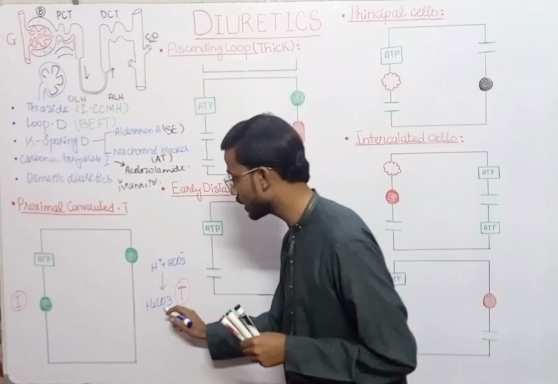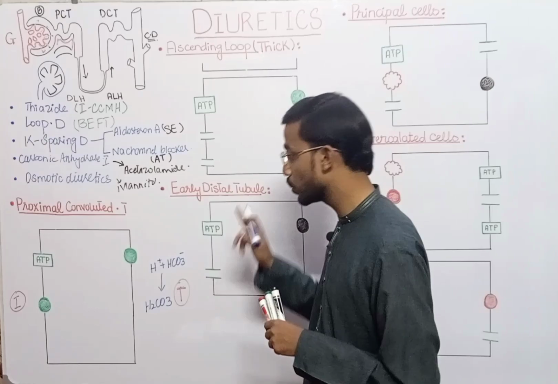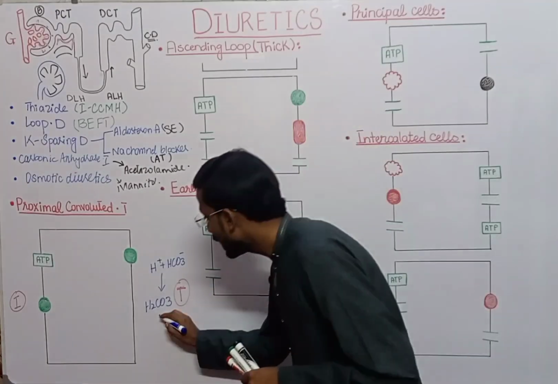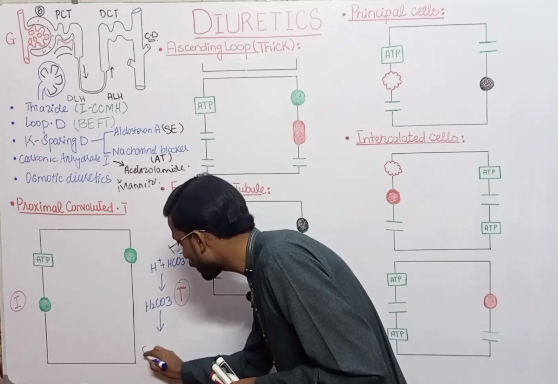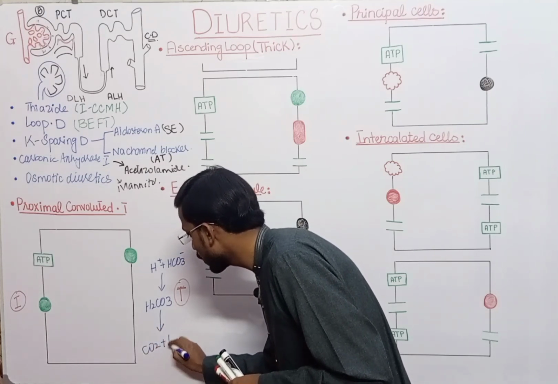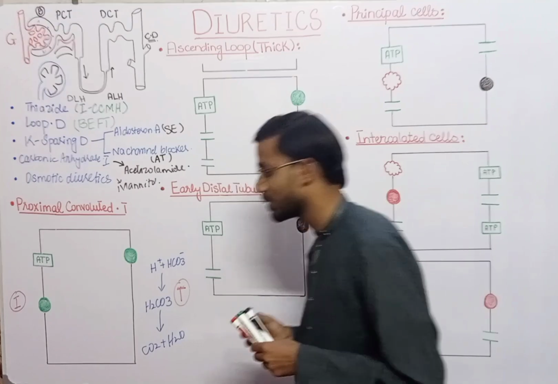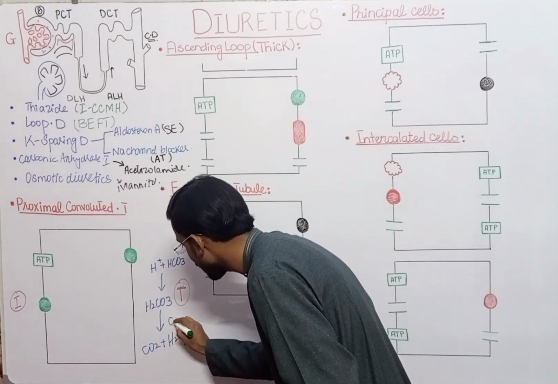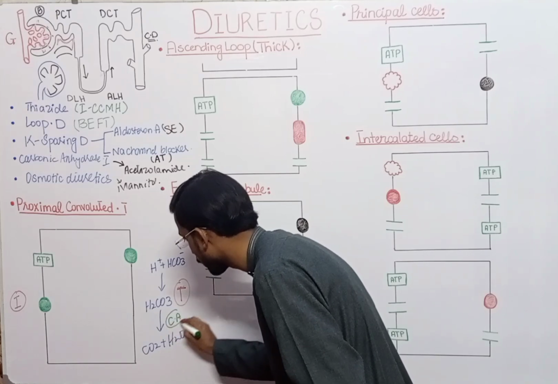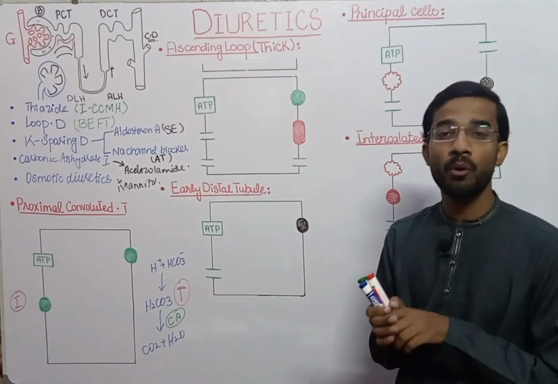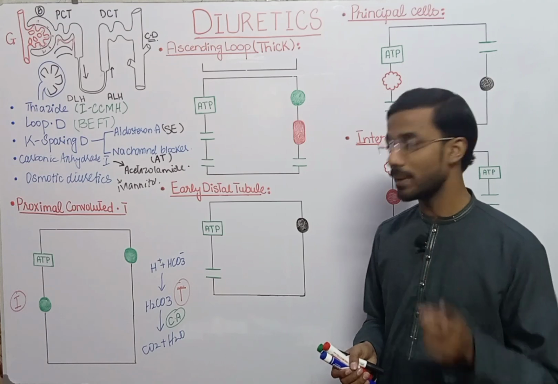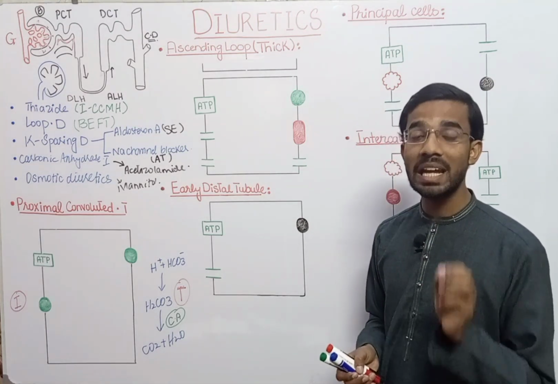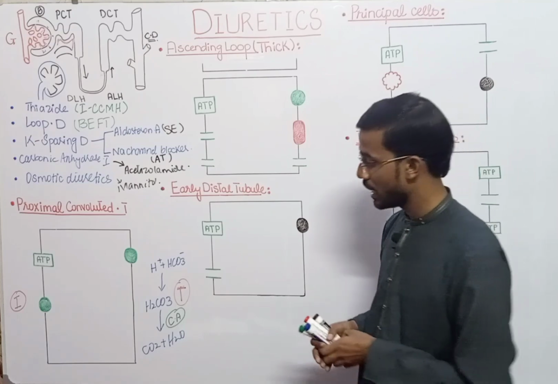So this is the carbonic acid which is produced in the tubular region, and it will convert into carbon dioxide and water in the presence of the enzyme called carbonic anhydrase. Basically, carbonic acid converts into carbon dioxide and water in the presence of the carbonic anhydrase enzyme.